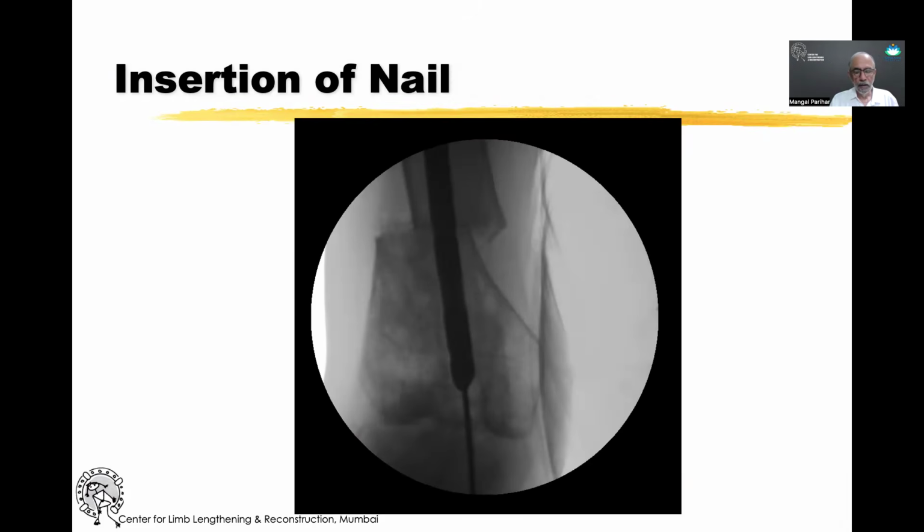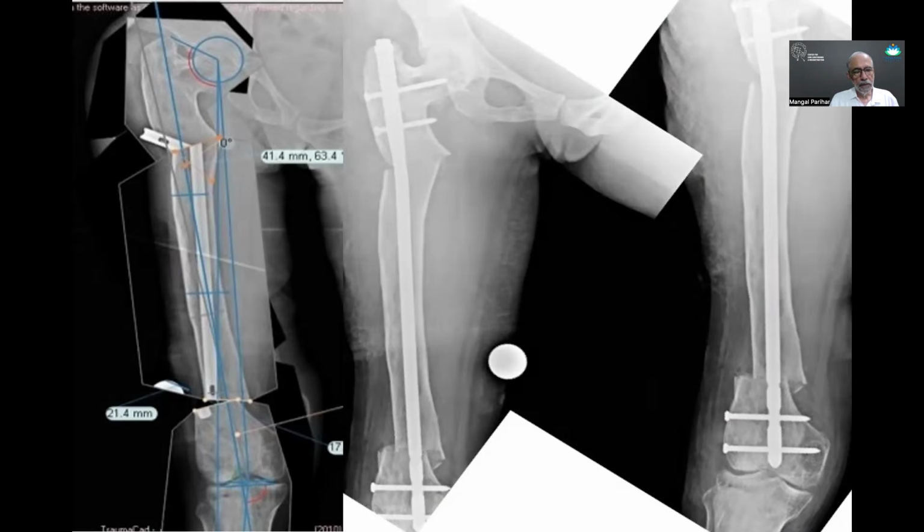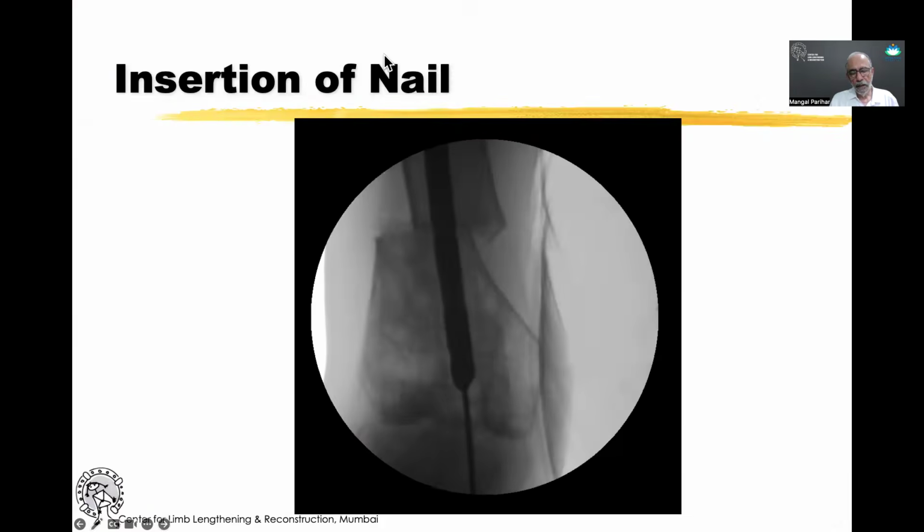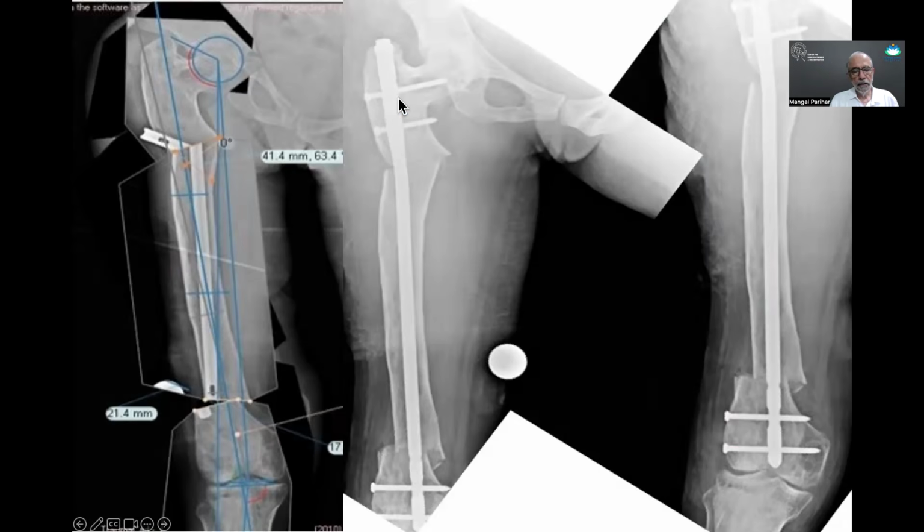So now we've got the translation that we required and we've got the correction of the angulation. So on the left, you see the plan that we made. In the middle and right, you see the post-op x-rays that we had, which to a large extent mimicked exactly what we had planned.